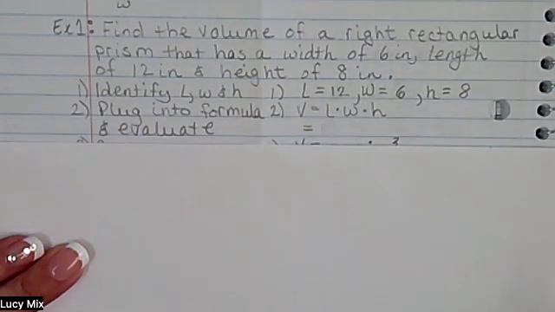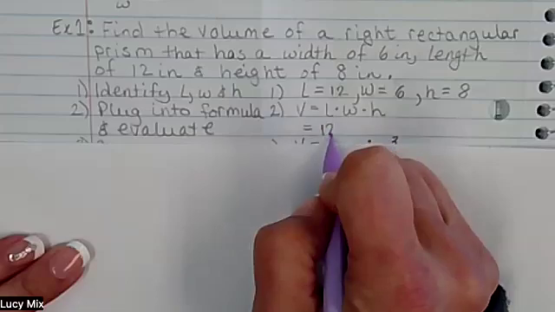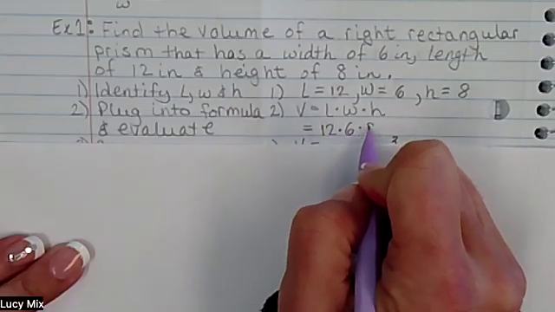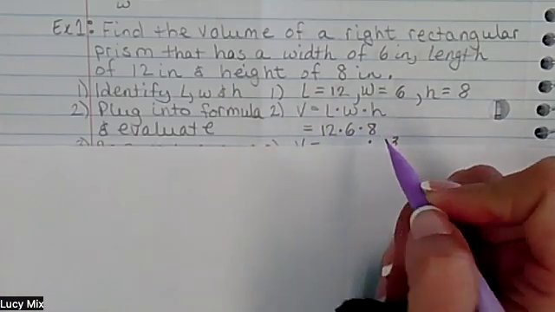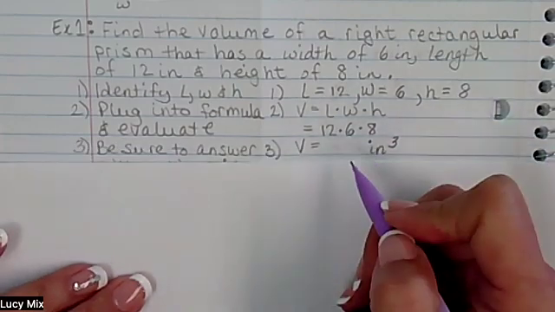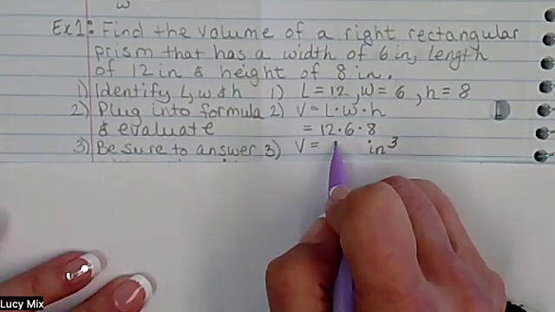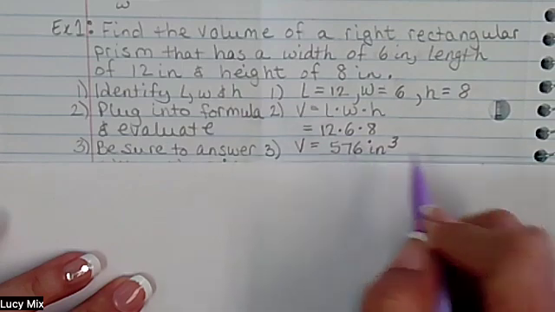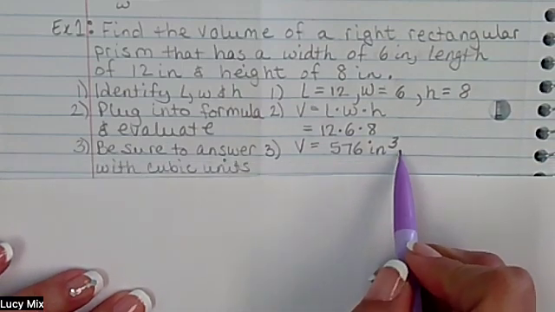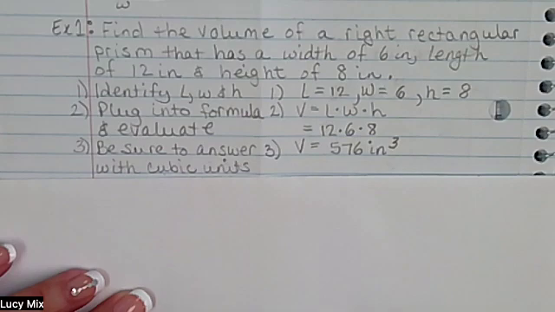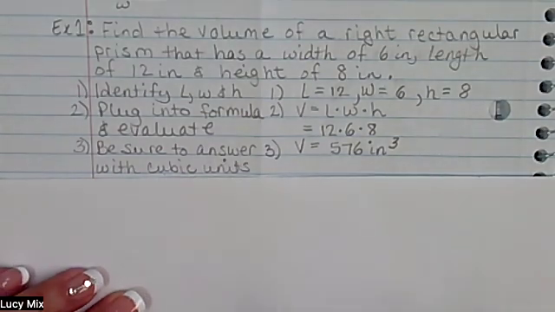And then plug that into the formula. 12 times 6 times 8, which I type into my trusty calculator, is 576 inches cubed. Okay, make sure you're answering in cubic units.